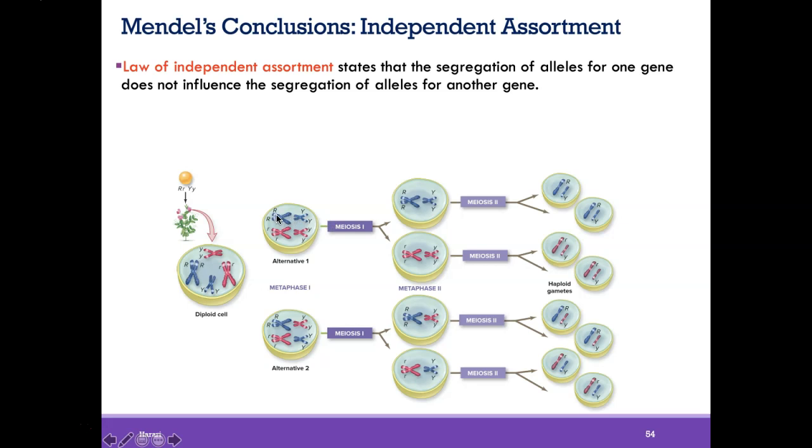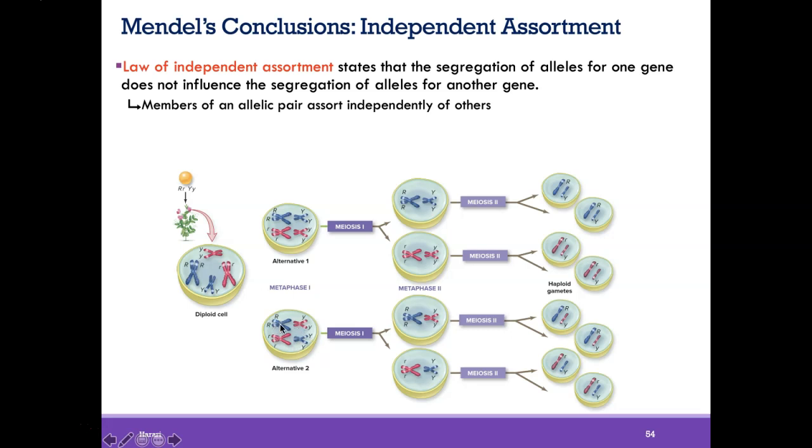It can be that this big R and big Y are on top and little r and little y are on the bottom. And if that were to happen, then in meiosis 1, we get this. And then we get gametes that are only big R, big Y, or little r, little y. But we also know that at metaphase, it's possible for them to mix and align differently.